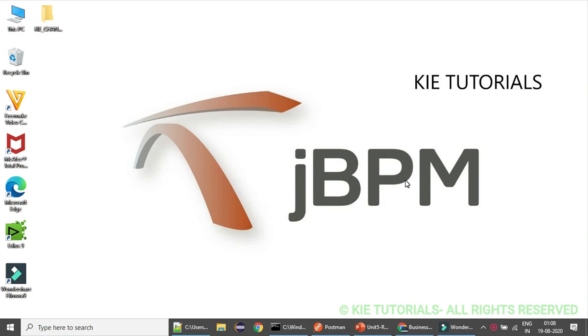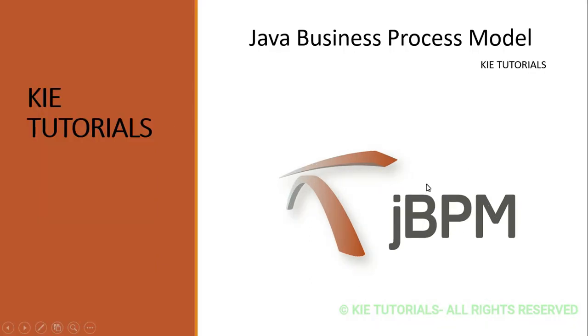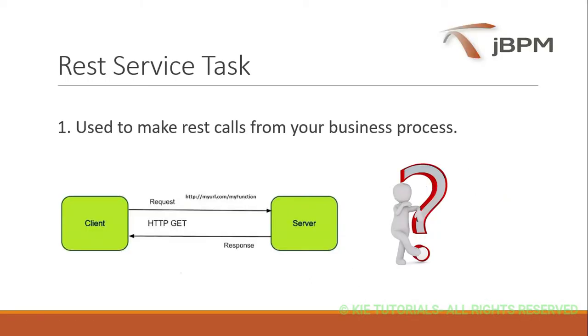Today we are going to see what is service task. What is REST service task? If you want to make any REST call from your business process, suppose we are the client and we want to make a call to the server, send some request and get a response.